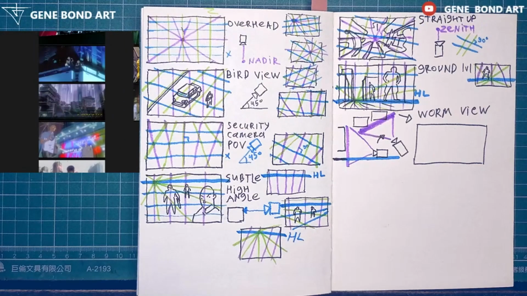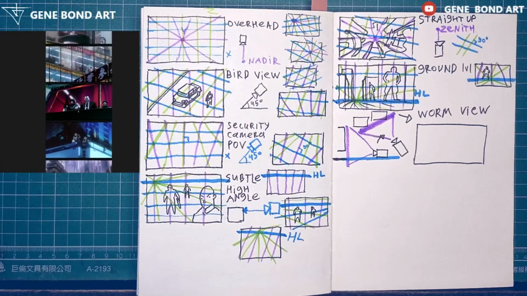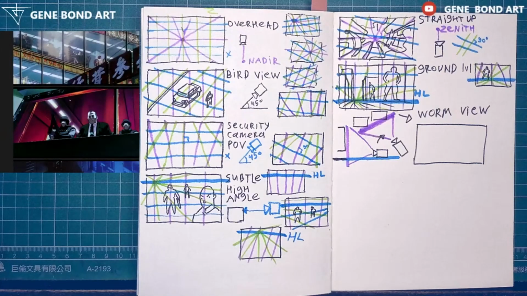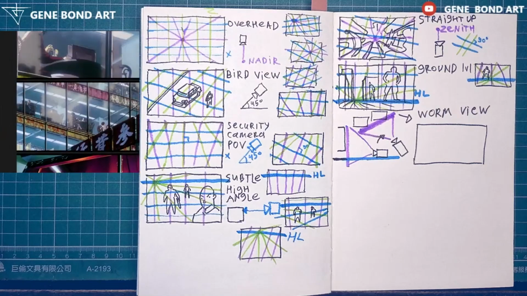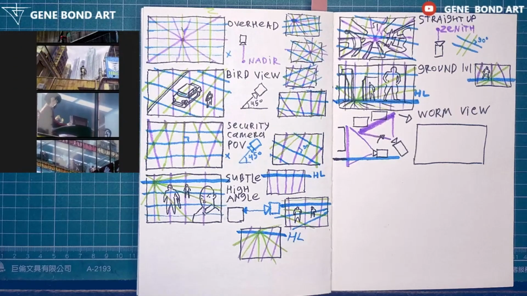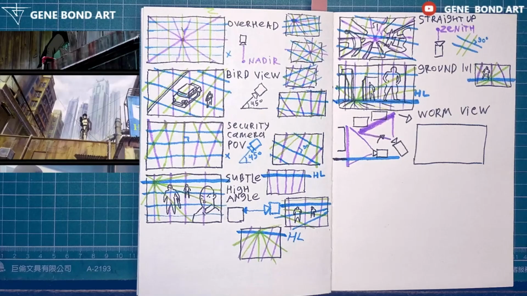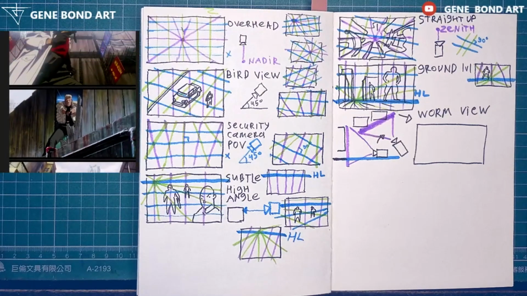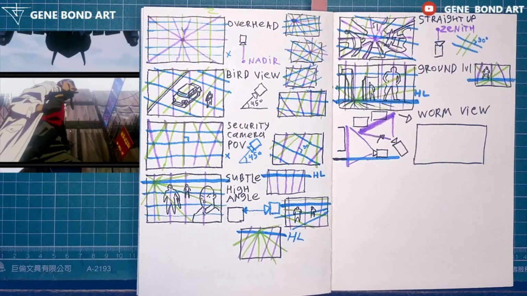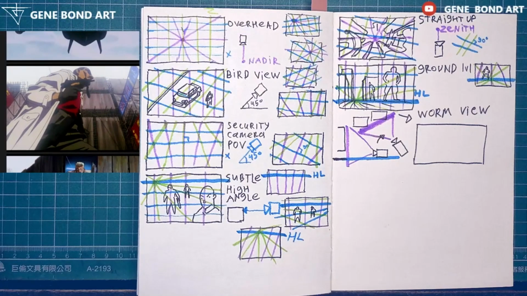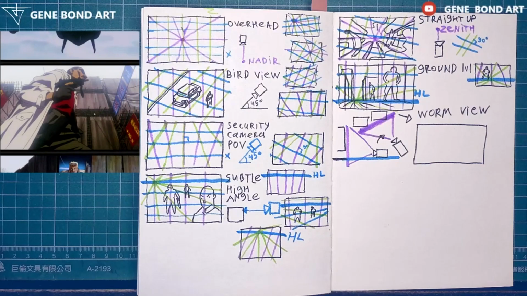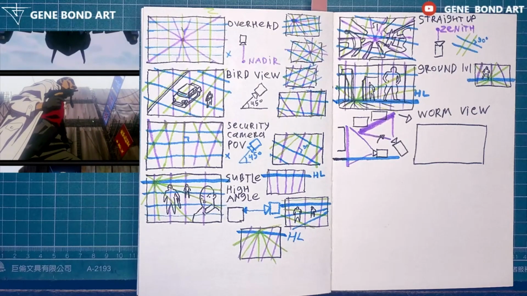It's like worm view, you know, like you're looking from a worm's POV. Or this one, or this one. So yeah, maybe it's not exactly on the ground, but very low, with the horizon line very low. Or this one, like this guy. So it's a typical worm view. We don't have a horizon line, but the camera is on the ground.